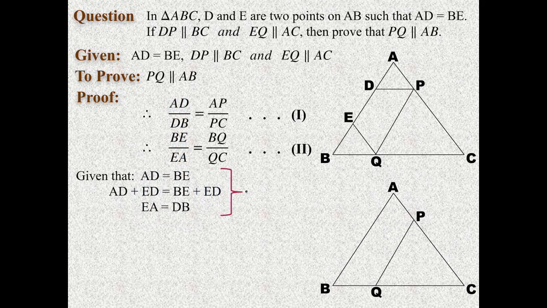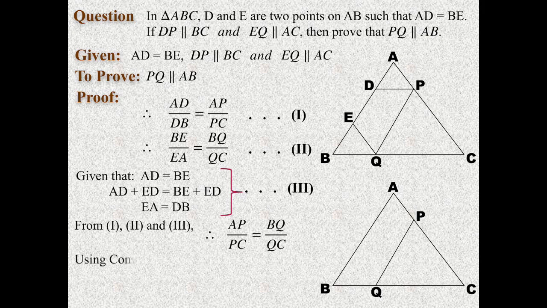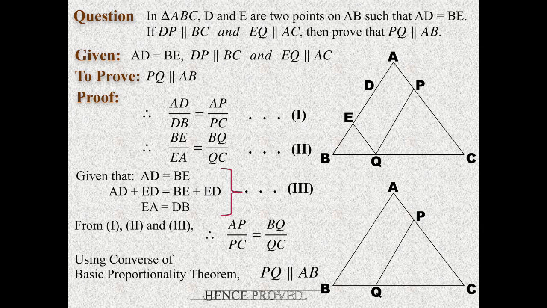So using results 1, 2 and this third result, we can say AP upon PC is equal to BQ upon QC. So using converse of basic proportionality theorem, we can conclude PQ is parallel to AB.